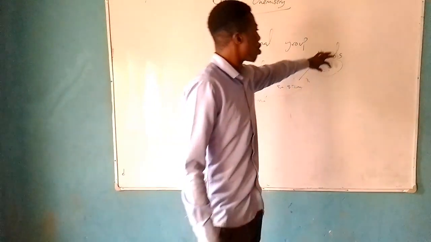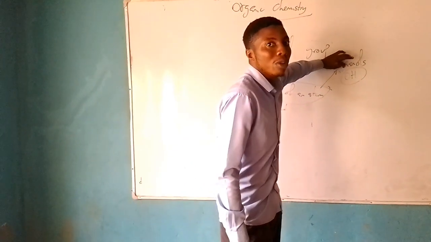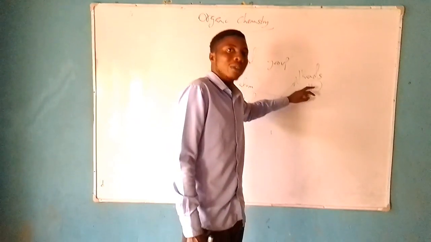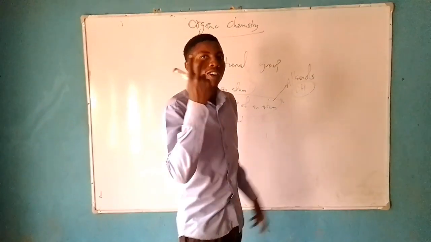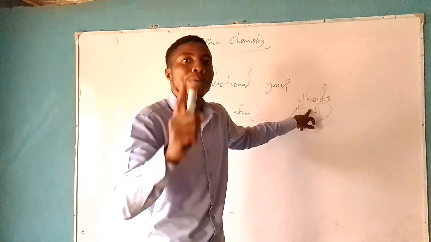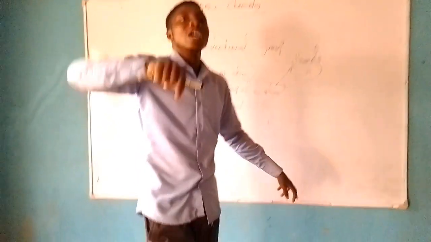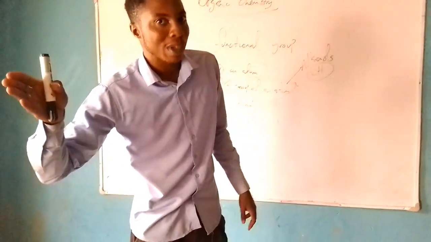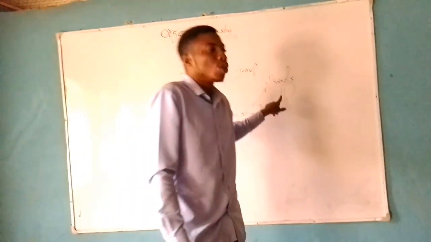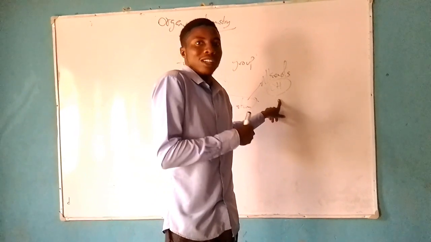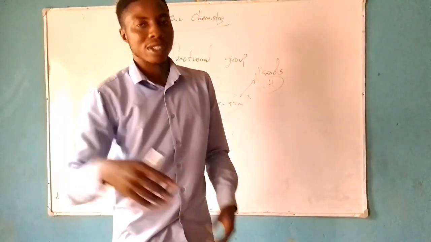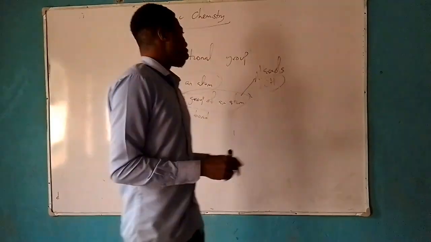But because of the presence of this OH, which is their functional group, one, it tells you that this organic compound belongs to an alkanol, and two, it helps the compound dissolve in a polar solvent. Remember we said the other ones cannot dissolve in polar solvents apart from alkanols.